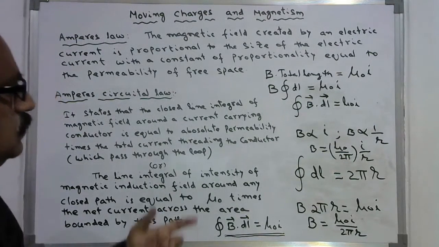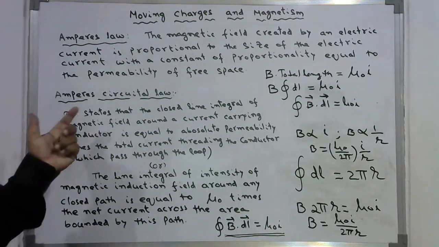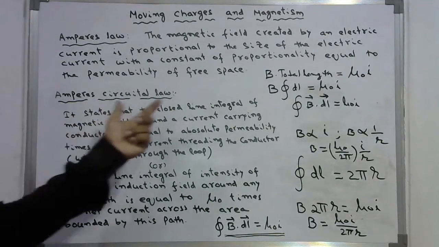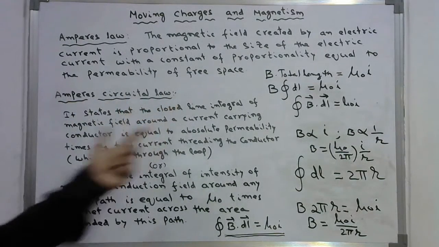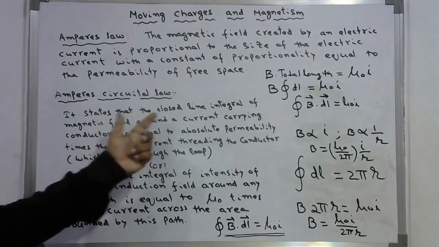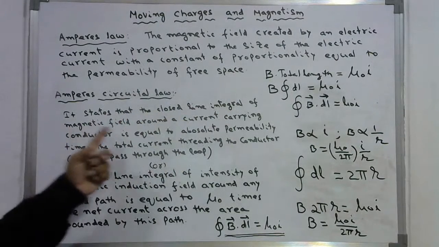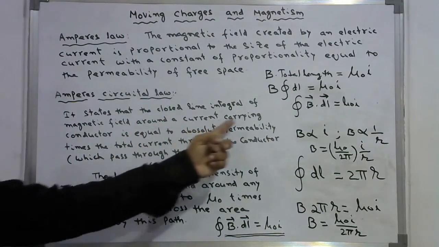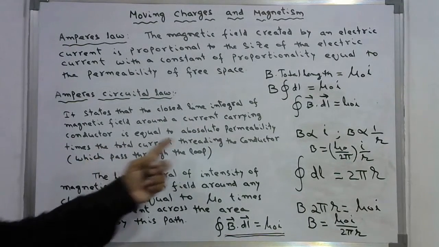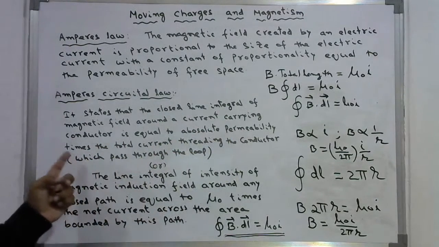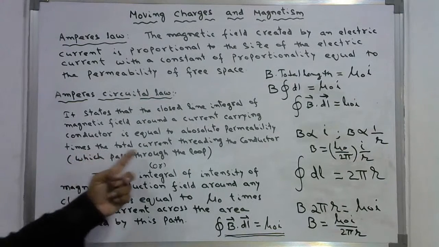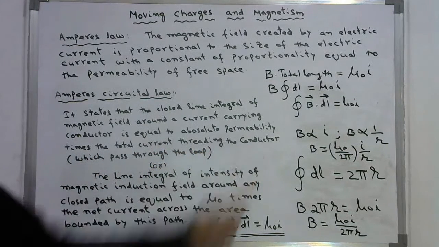And now let us define Ampere's circuital law. It states that a closed line integral of magnetic field around a current carrying conductor is equal to the absolute permeability times the total current threading the conductor.